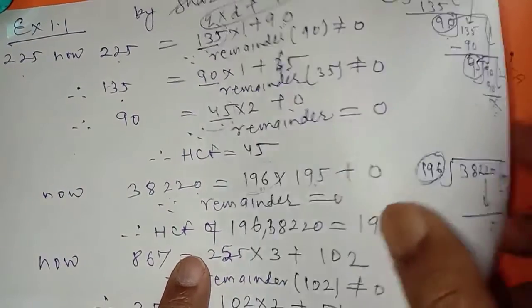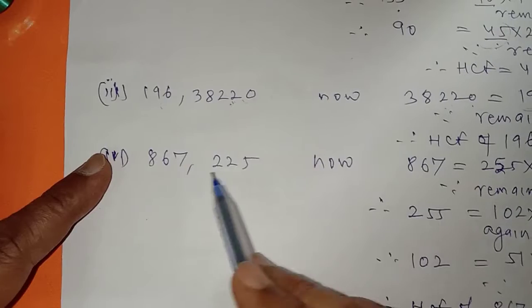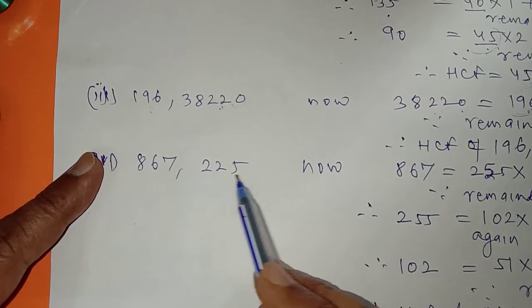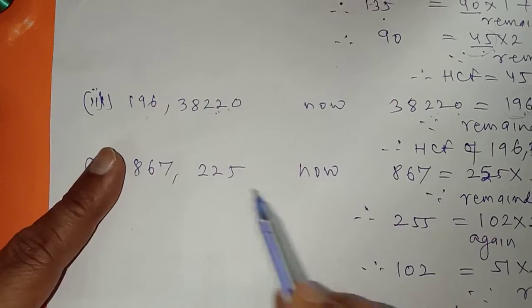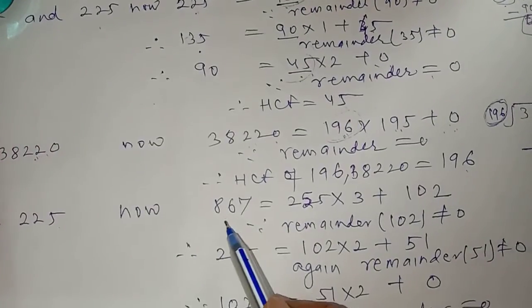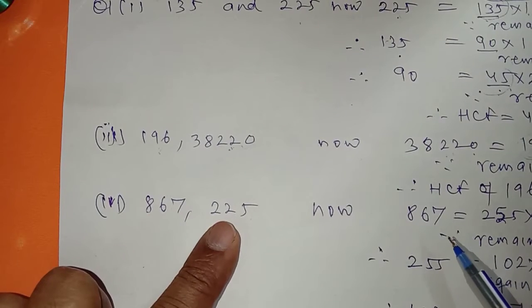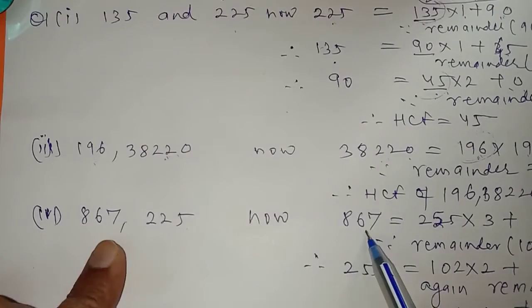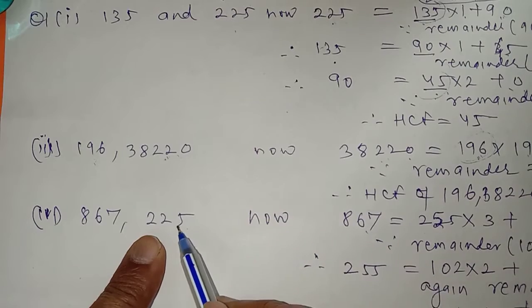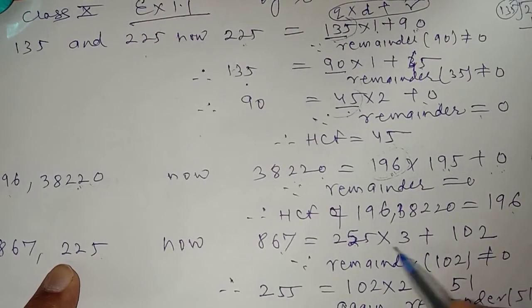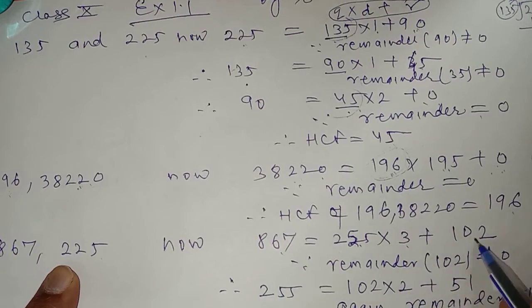लेट अस टेक अनदर. The third part of it, you have to find the HCF of 867 and 225. Now again start again with the same method. This will be the dividend and this will be the divisor. So dividend is equal to divisor into quotient plus remainder.